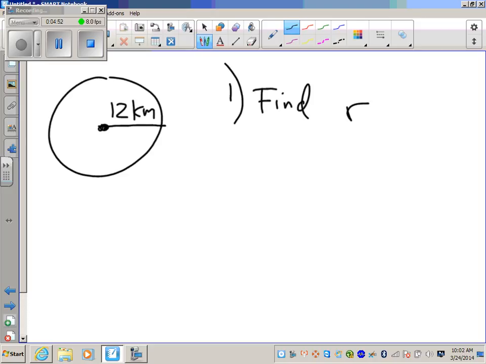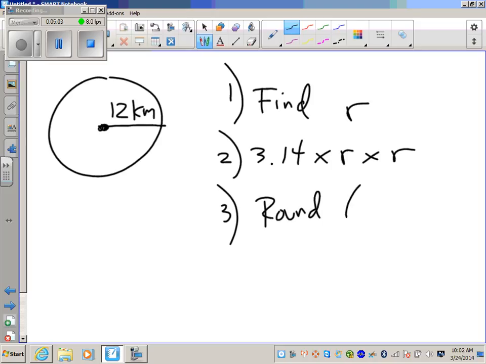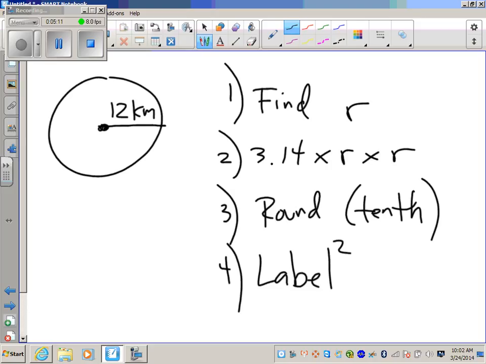Yep. So then I'm going to take 3.14 times r times r. I will round. And what did we do the last time? Let's do the tenth. Let's keep it consistent. And then step 4, we're going to label, and we'll square that label. So you've got it. Get to work.